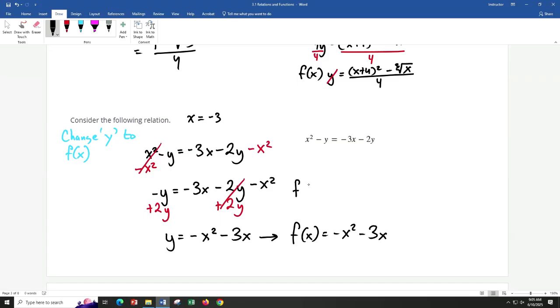Notation matters. Whenever we're replacing, we always put f of -3. We're letting ourselves know, or the reader, or the person who's looking at your work, what we are evaluating at that moment. Now, be careful how you write this. Let me tell you right now, this negative is not attached to that x.